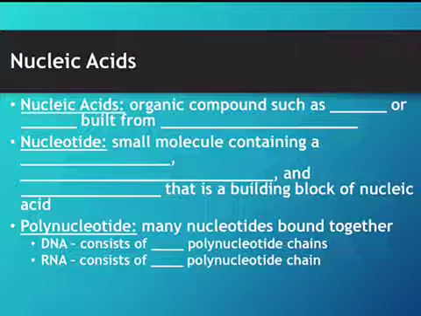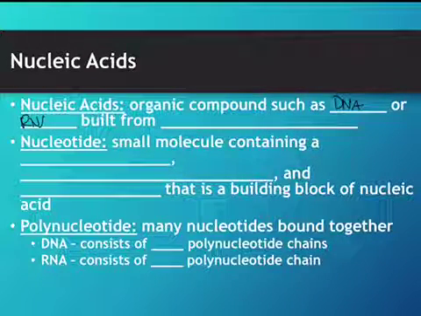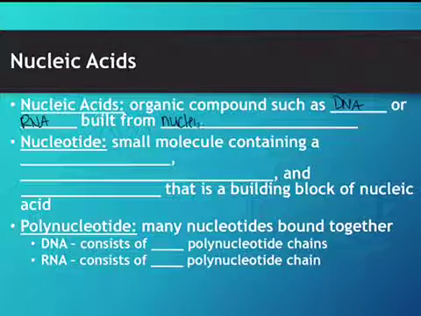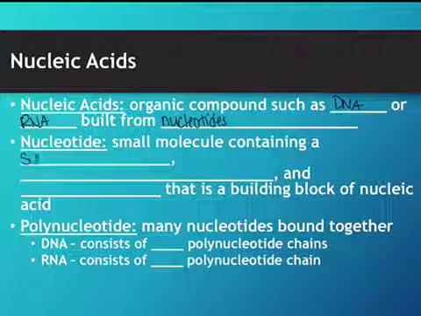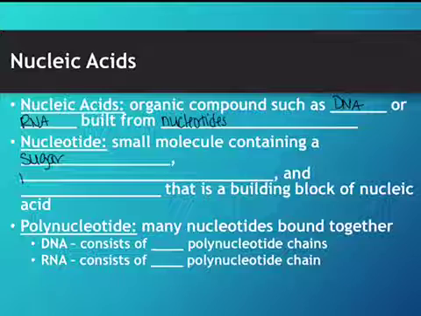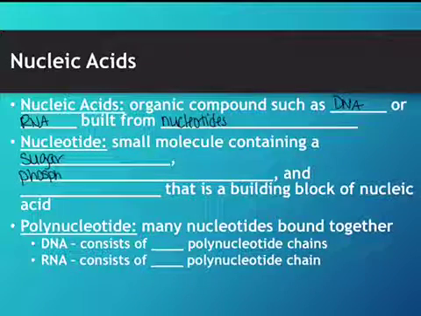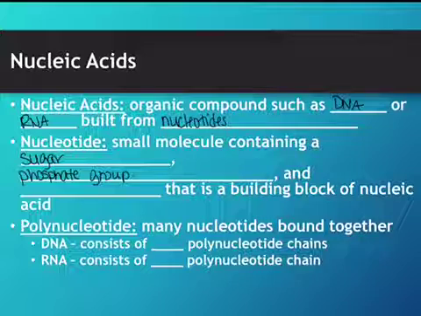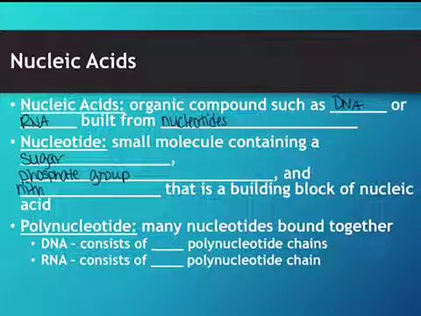Our last group of organic molecules are nucleic acids, and these are organic compounds such as DNA or RNA, and their monomer is called nucleotides. A nucleotide is a small molecule that contains a sugar, a phosphate group, and a nitrogen base.